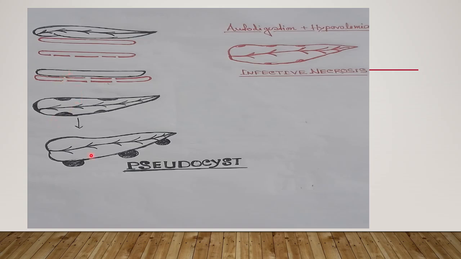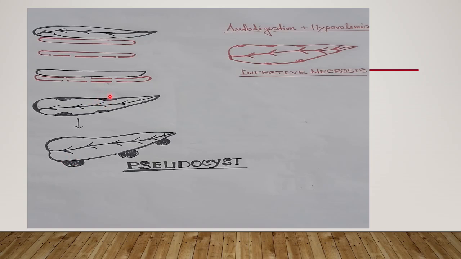If fluid collects in the pancreas, then what happens? Inflammation of the pancreas, and when this fluid is encapsulated with a fibrous capsule, it is called a pseudocyst.